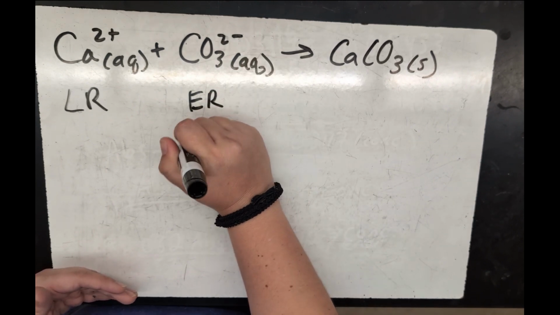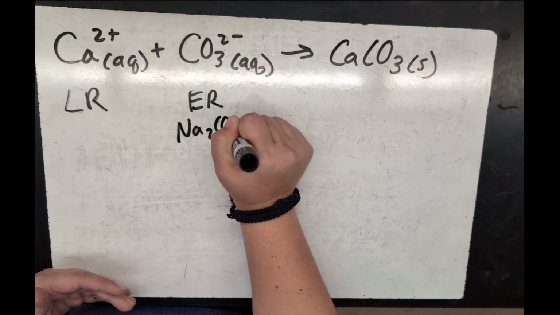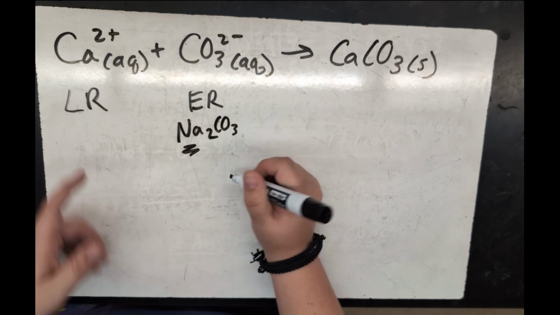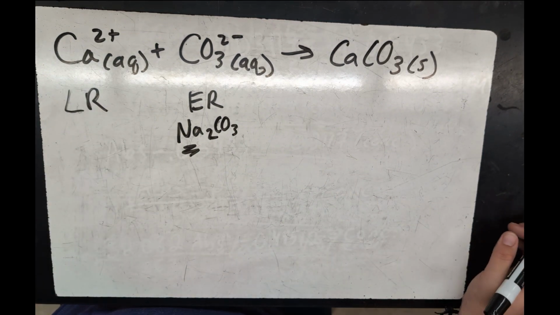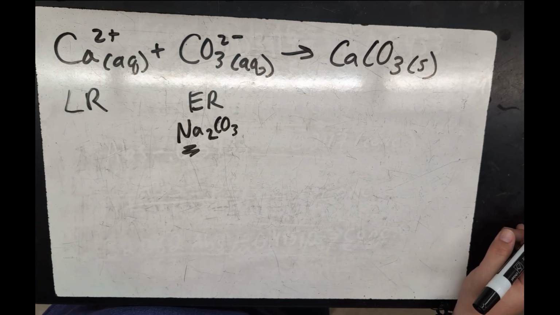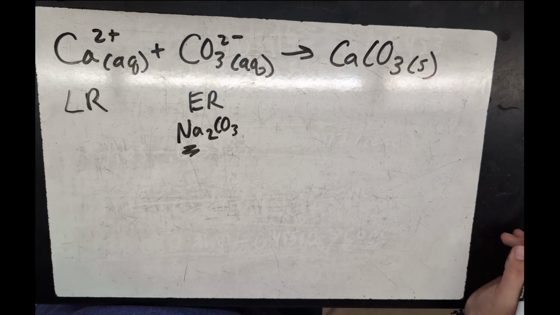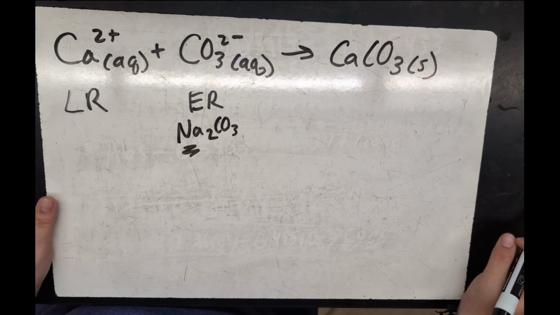I typically will use sodium carbonate just to make sure that the sodium chloride is completely soluble and it will be a spectator ion. And so I make sure that they figure out how much they should use to make sure that it's an excess compared to the highest possible calcium ion concentration.